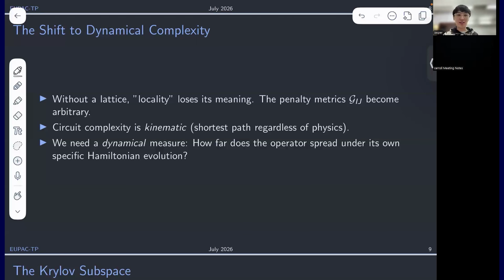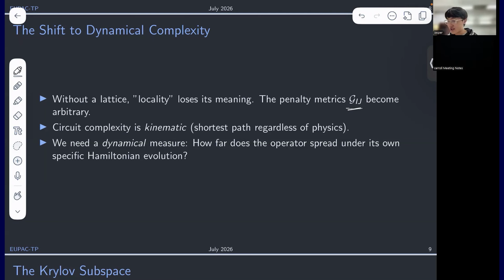We have to know which one is easier to build. But in general, in QFT, we don't have such a definition, so it will be very difficult for us to define this metric for each point.